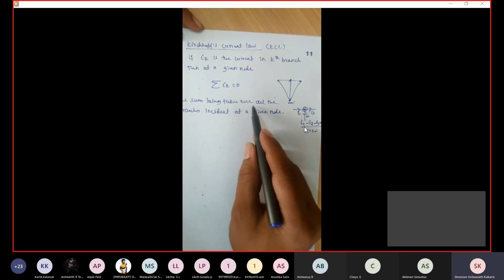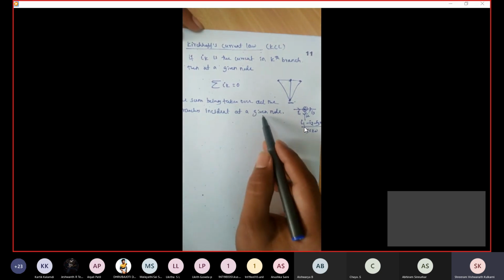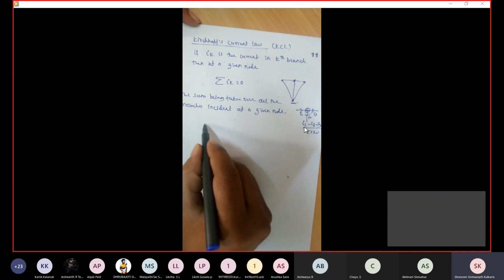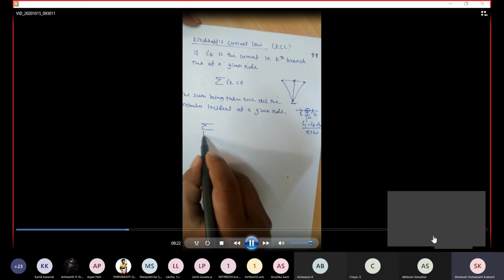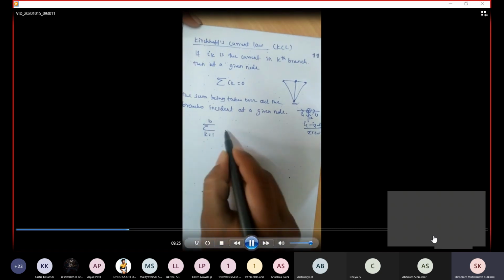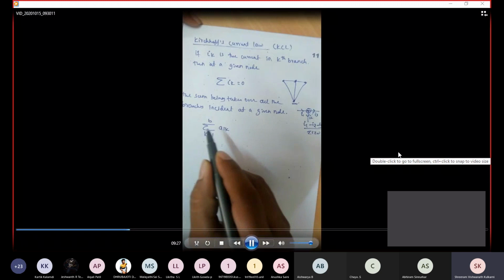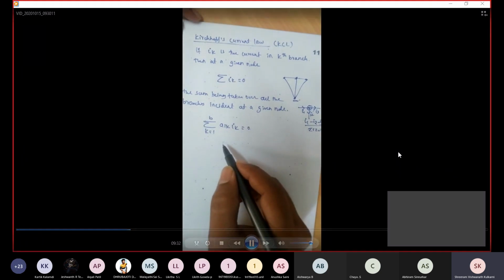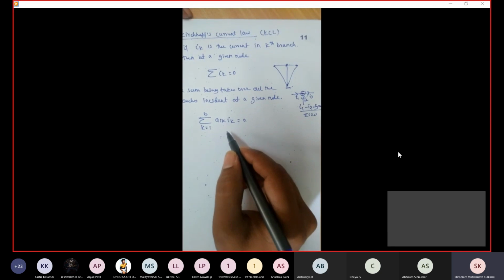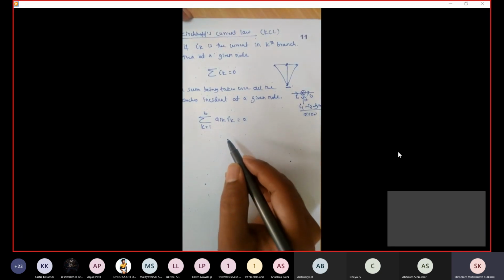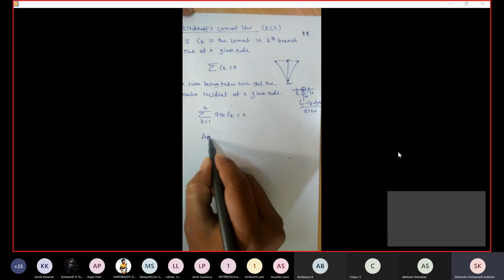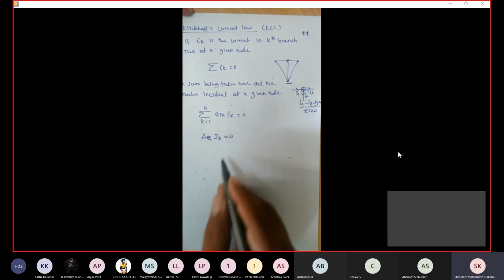Now the sum is taken over all the branches incident at a given node. I'm going to say summation k equals 1 to B of a_ik I_k equals 0. So that set of n equations can be written in matrix form as A_a I_B equals 0.